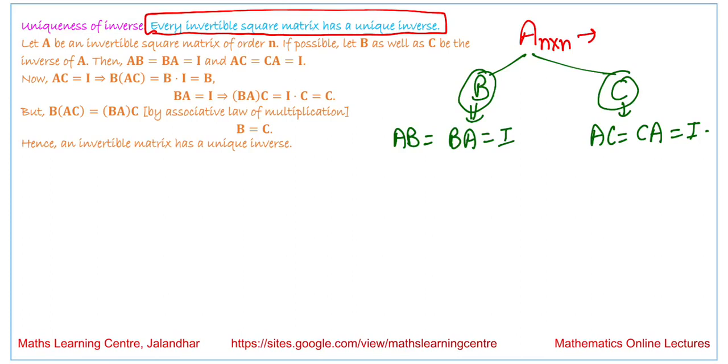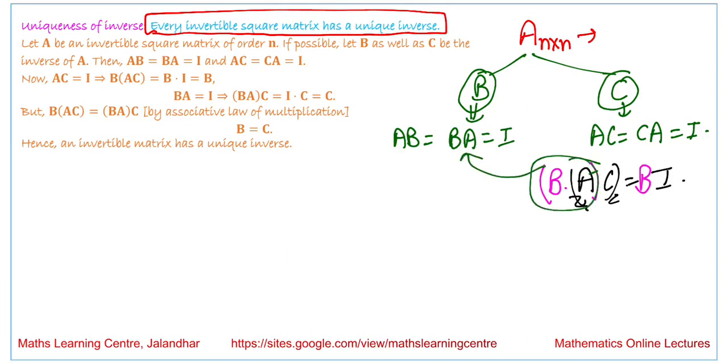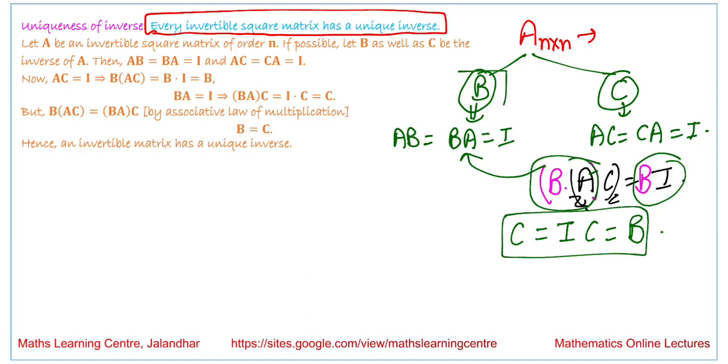Now consider the equation AC is equal to I. If I multiply both sides of this equation with the matrix B, earlier the bracket was with AC, now we have removed this and we are using the associative law, and we have obtained BA, and the value of BA is equal to I. So we get I into C is equal to B into I. I is the identity element, and we know that B into I will be B, and I into C will be C. So what we have obtained is that B is equal to C. So we are saying if A has two inverses B and C, then both B and C must be equal.